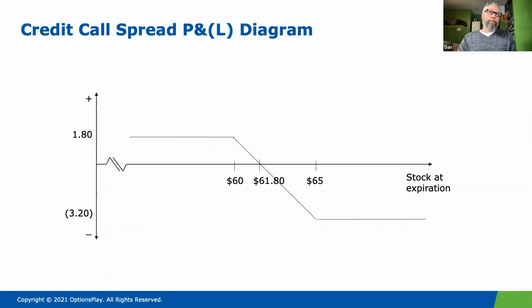The way to calculate the max gain is always just what you collect. The way to calculate the max loss is simply the difference between the two strike prices, which is $5 here, minus the premium collected. So 5 minus $1.80 is $3.20.